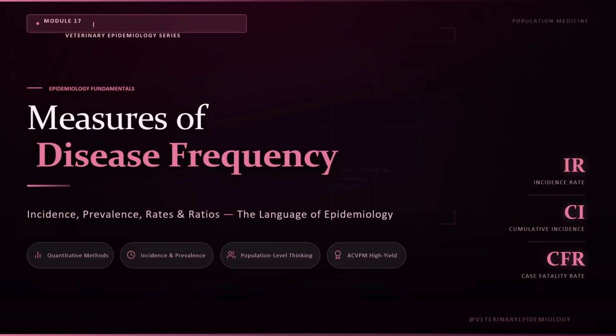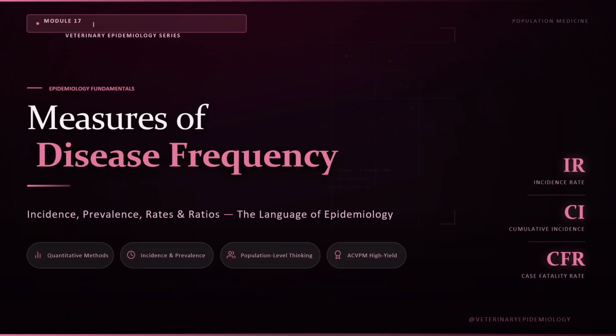Study design, outbreak investigation, surveillance, risk, all of it rests on a solid understanding of how we measure how much disease is out there.